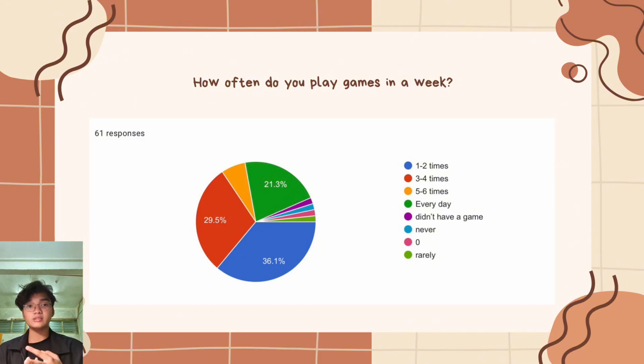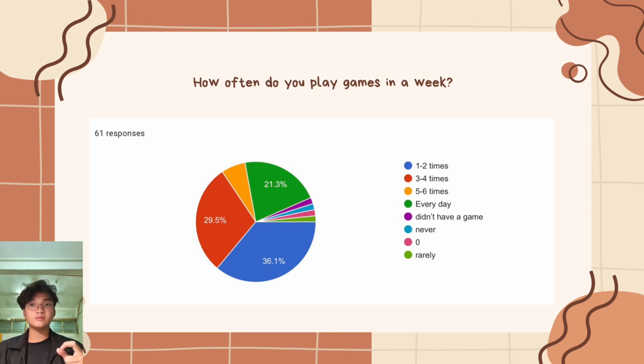Next, 29.5% shows that students play games 3 to 4 times per week. And the last one is 21.3% of students who play games every day. We can also see that only a small number of students rarely play games or do not play games at all. All of this data shows that most students play games regularly.